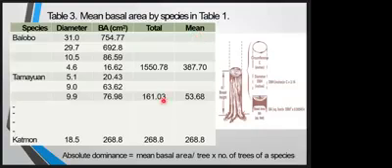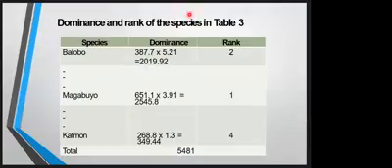And the absolute dominance is equivalent to mean basal area divided by 3 times number of trees of species. So that's how you obtain absolute dominance, or usa kadaghan ang makita ani nga particular species in an area. So this is how you obtain dominance, no, in that particular area. So dominance and rank of species in table 3.